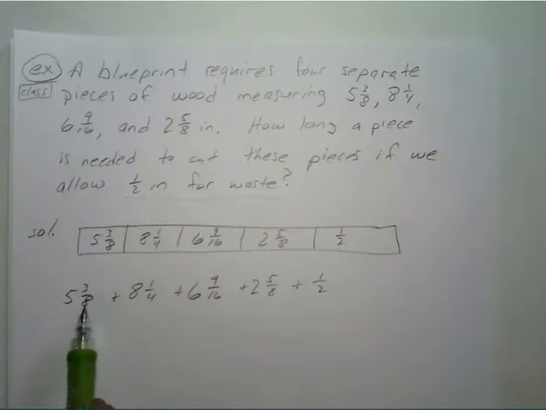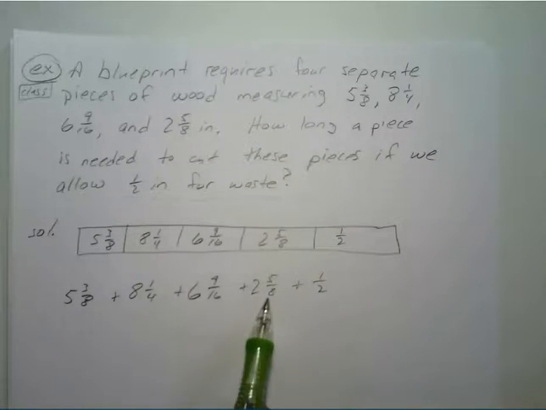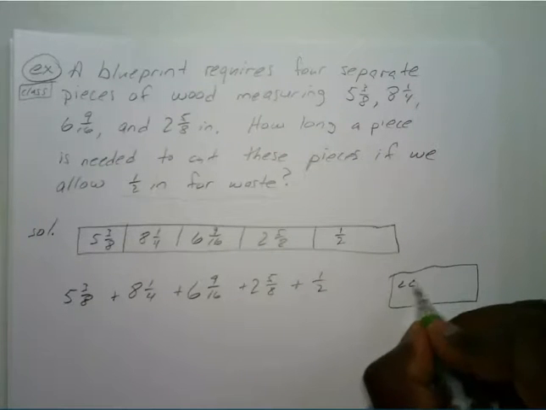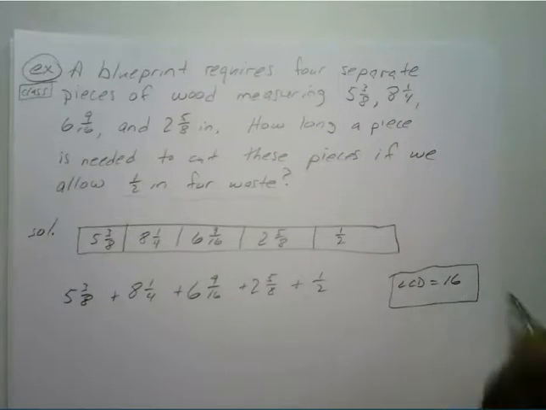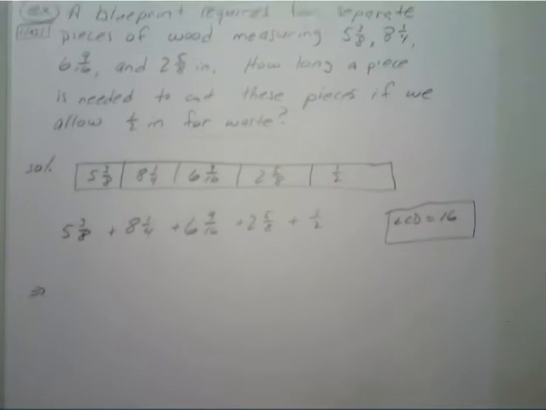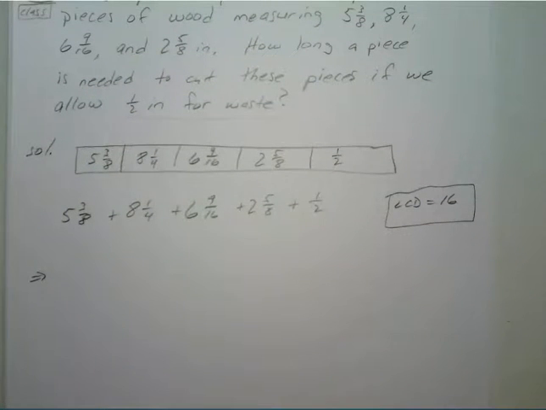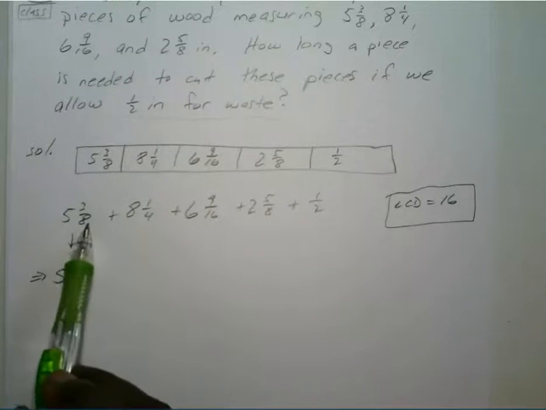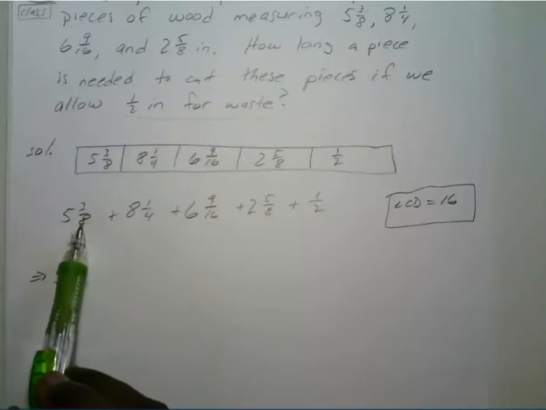Okay, so we have your denominators of 8, 4, 16, 8, and 2. We know our least common denominator in this case is 16. Okay, so how do you turn 8 into 16? You multiply it by 2.